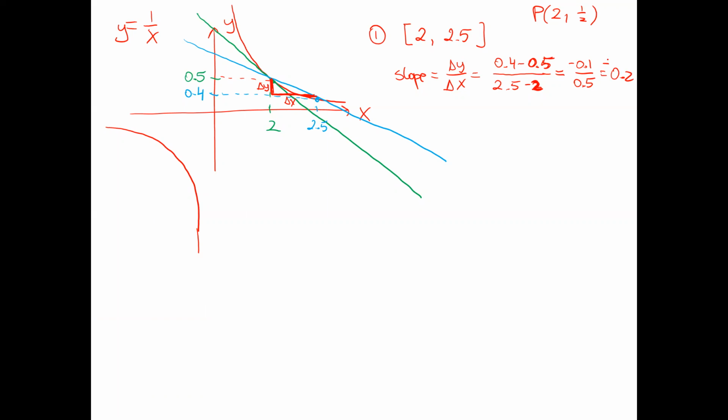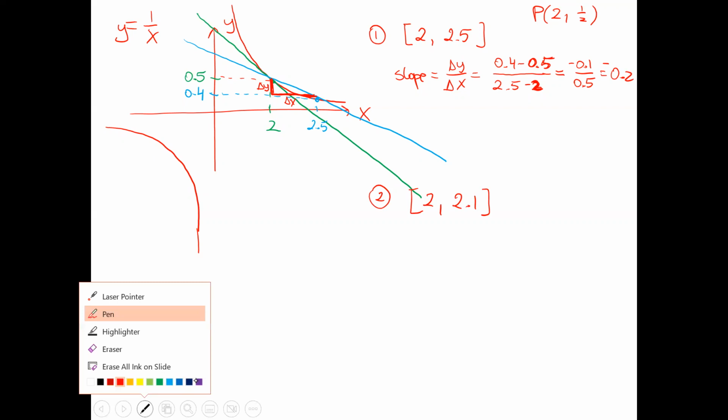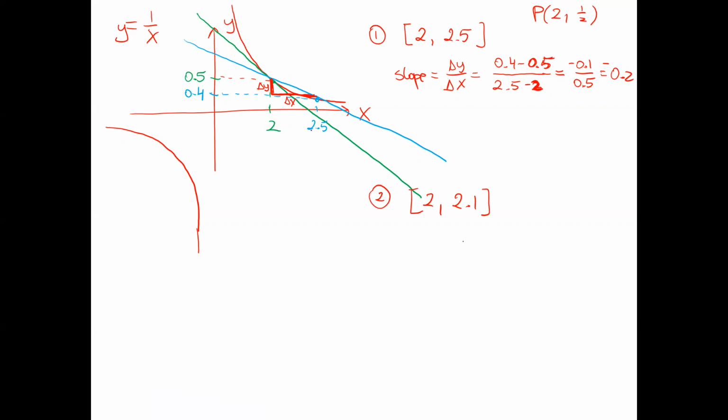But now we know that we can do better. For the second option, I can get a little bit closer, 2.1. I don't want to draw the line closer and closer, so this will be just 2.1. The reciprocal of 2.1 becomes 0.4762, of course using the calculator.